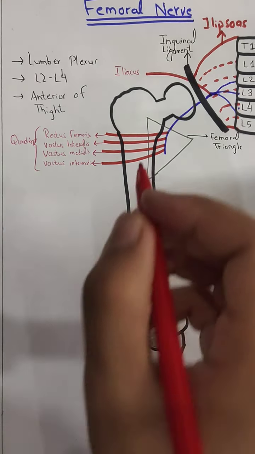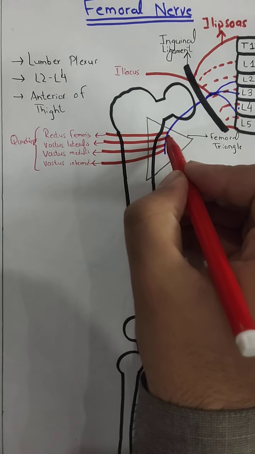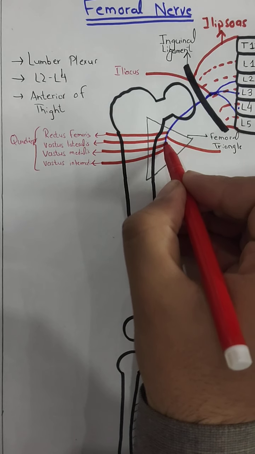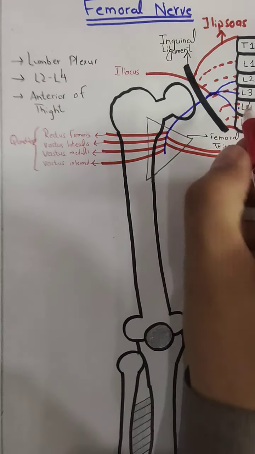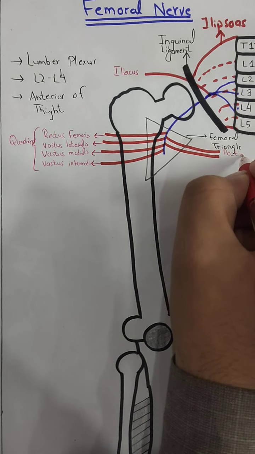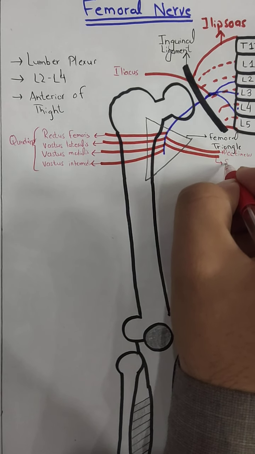it will give innervation to two more muscles, which I will show here. This will be the pectineus muscle and the sartorius muscle. We will also label them. This is pectineus and this is sartorius.